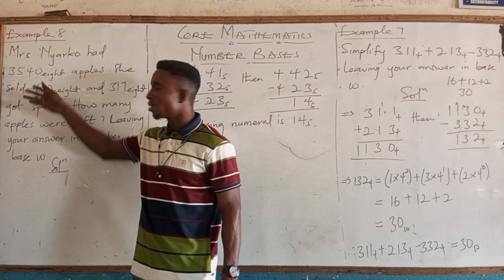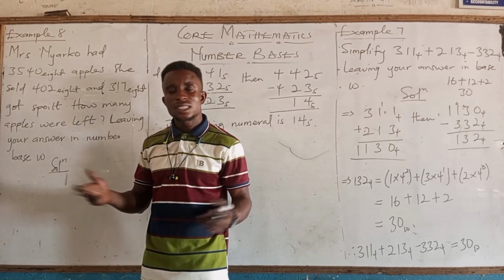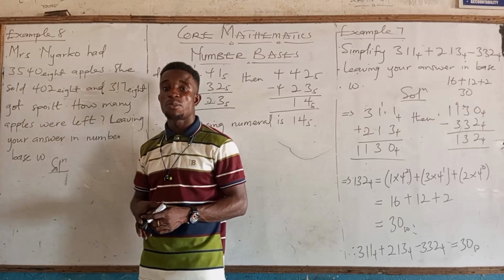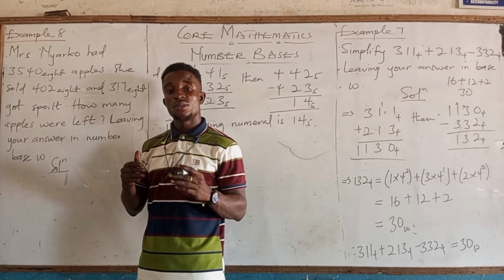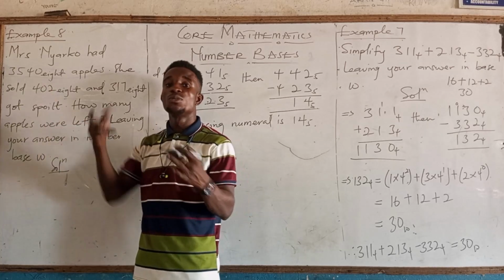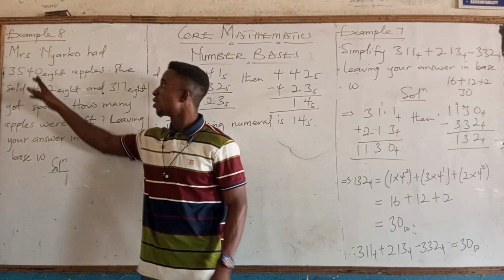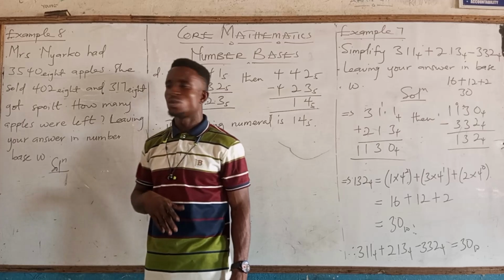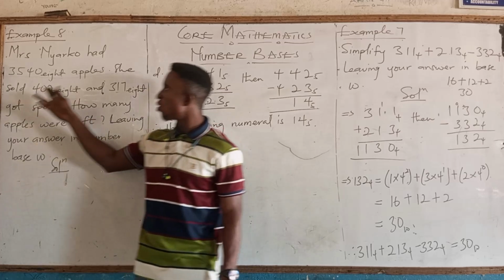Having this one, it's a unit. It's a certain number of units. And I said the unit can be anything. Now they are saying it's apple. So she's having a certain number of apples. We don't know. And it has been grouped into 8s, and she had this. So we have to find what is left.